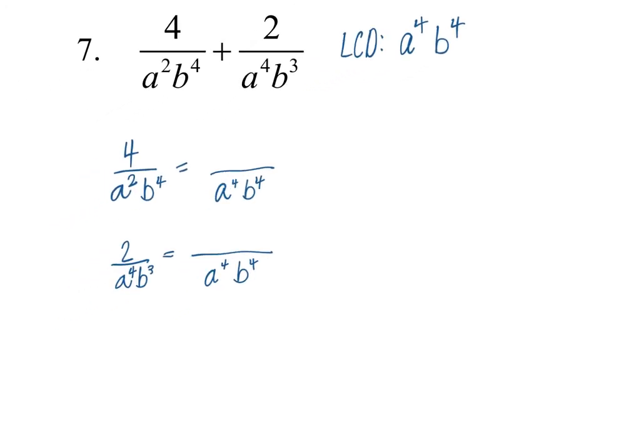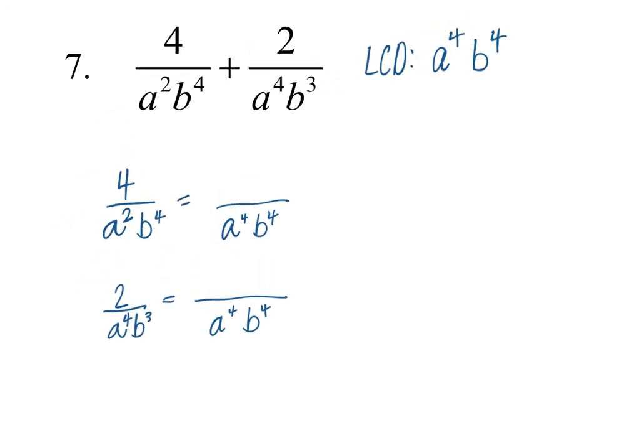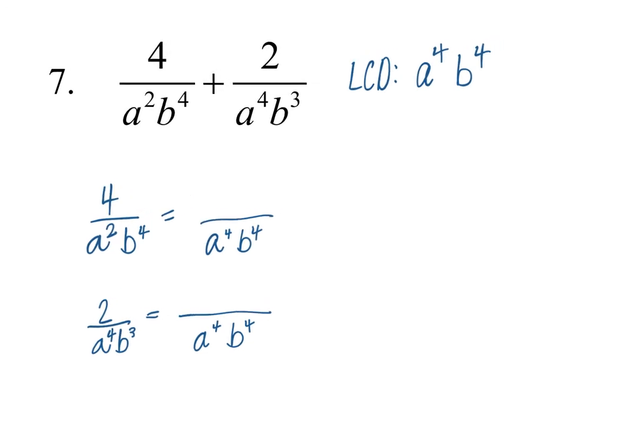Now I need to rewrite each expression so that its denominator is the LCD, and is equivalent to the original expression. So on the one in the top, I'm saying, what can I multiply a squared b to the fourth by to make it equal to a to the fourth, b to the fourth? Well, we already have a b to the fourth, so I don't need to multiply it by any b's.